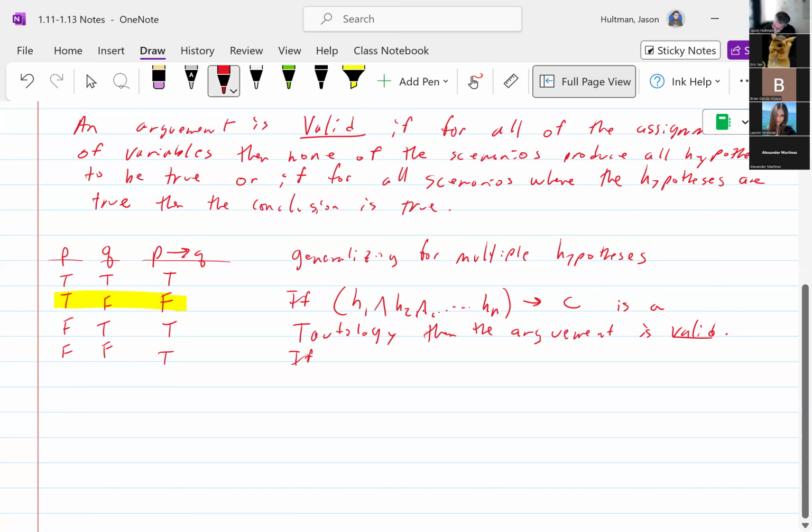If H1, H2, to Hn is false, then the argument is also valid.